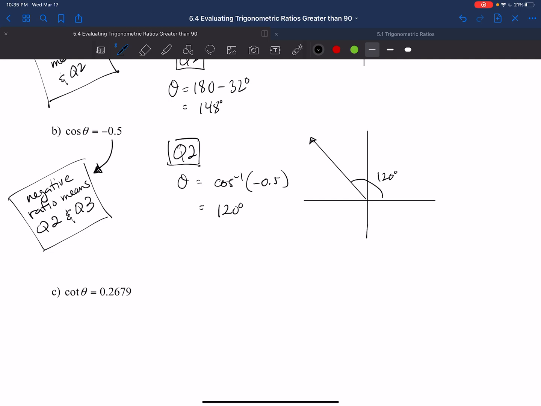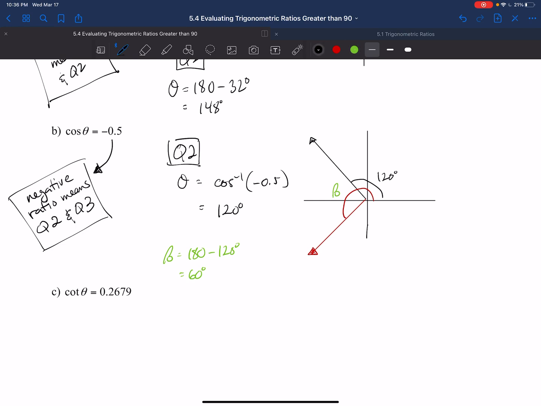So now I got to figure out what the angle in quadrant 3 is that has that same ratio. Use a different color here. So I think about what the related acute angle is. What is beta? Well, that has to be 180 minus 120, which is 60.